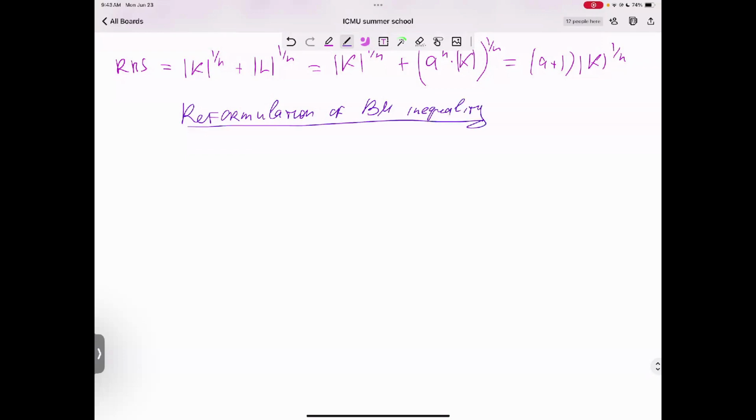Suppose lambda is a parameter between 0 and 1, and K and L are sets in R^n.